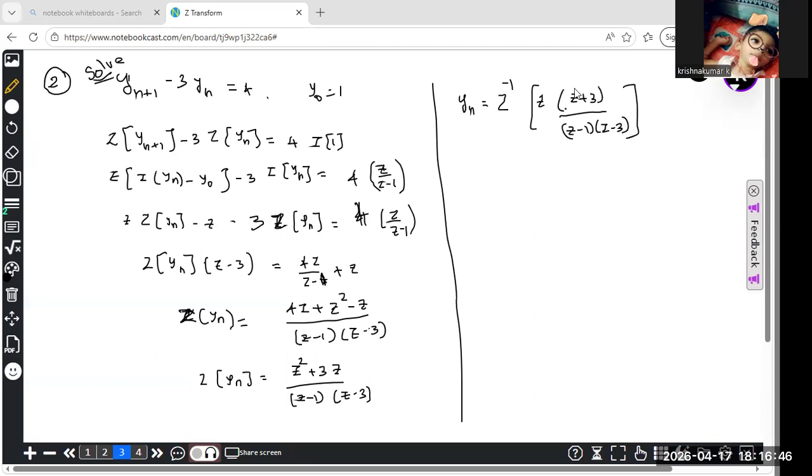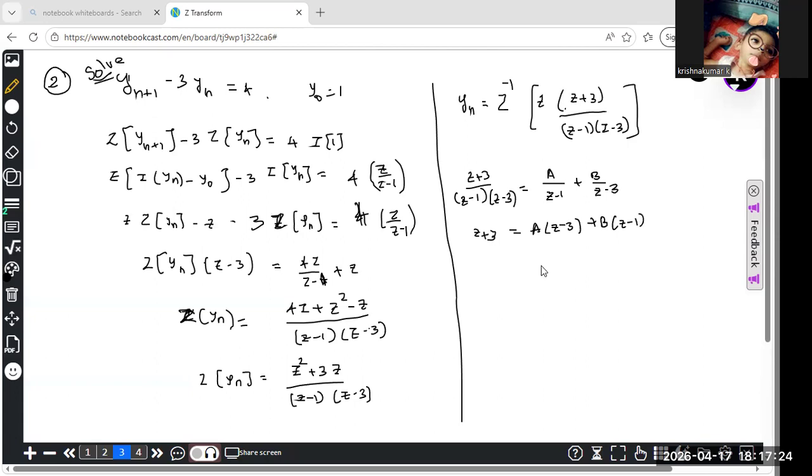Okay, now we have to take partial fraction only for this part. So just look at that partial fraction. z plus 3 divided by z minus 1 into z minus 3 equal to a by z minus 1 plus b by z minus 3. Okay, so z plus 3 is equal to a into z minus 3 plus b into z minus 1.